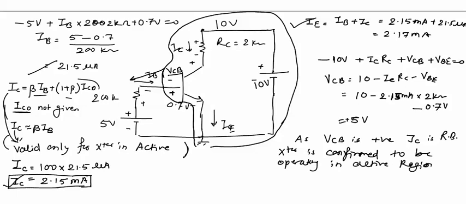So the answers for the currents which are required to be calculated are IB equal to 21.5 microamperes, IC equal to 2.15 milliamperes, and IE equal to 2.17 milliamperes.